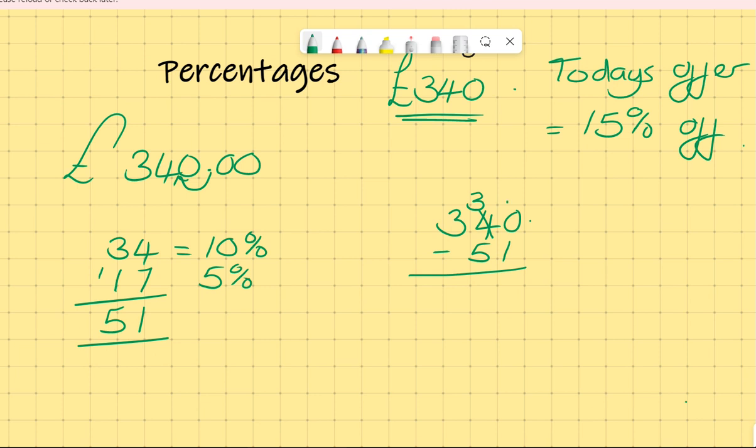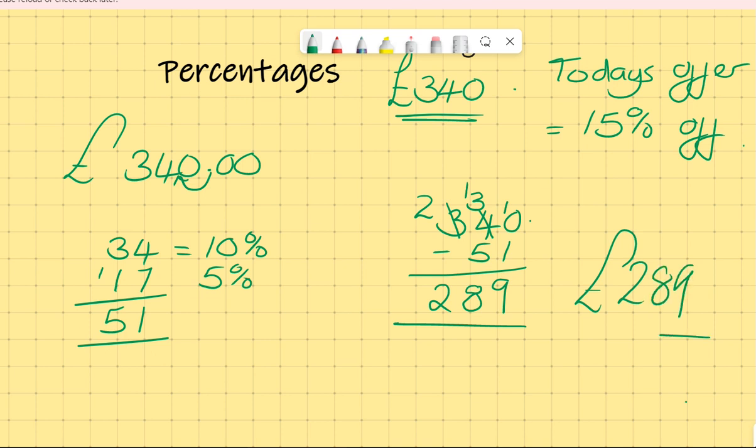That turns into a 3, you're borrowing 1. 10 take away 1 is 9. 3 take away 5, again, you've got to borrow. So 13 take away 5 is 8. And you're left with your 2. So instead of paying £340, you're going to pay £289.